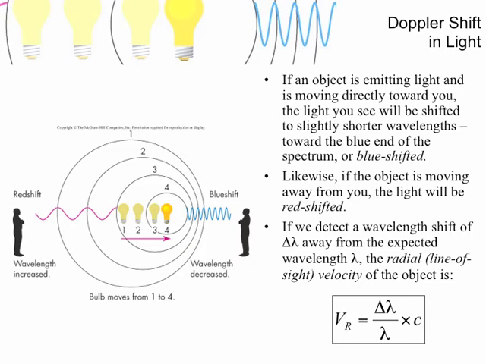If it's difficult for you to remember this, I came up with a mnemonic. Well, it's not actually a mnemonic, it's just a saying. And you could think of it this way. Red runs away, blue comes to play. In other words, blue is heading towards you, blue shifted. Red is heading away from you, red shifted.